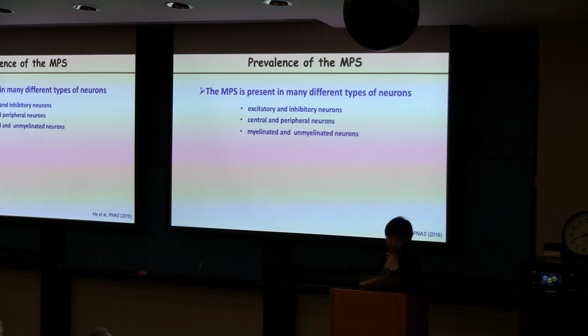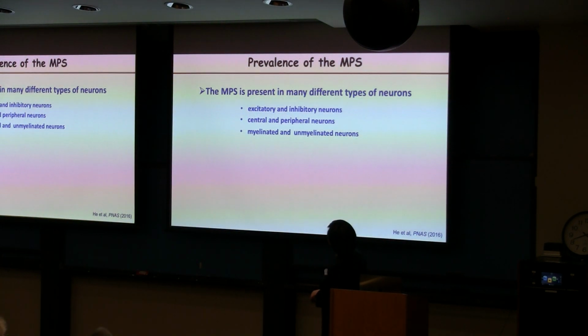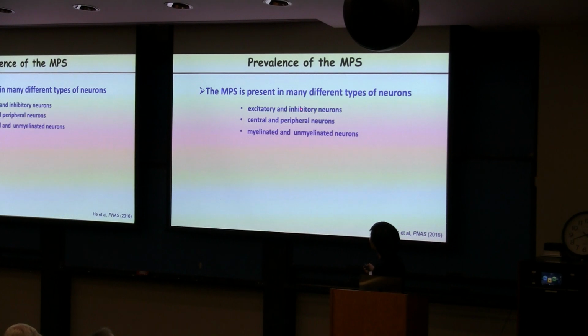And then later on, we looked into a variety of different kinds of neurons, and that includes excitatory neurons, inhibitory neurons, neurons in the central nervous system, peripheral nervous system, neurons that are myelinated, unmyelinated. They all have this structure. Independently, in the same year, Stefan Hell published a paper which studied an overlapping but different subset of neurons and saw the same thing.